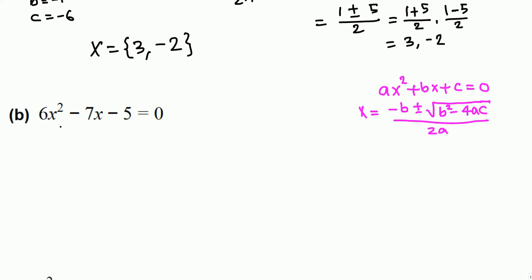As in the first, we have a equals 6, b equals negative 7, c equals negative 5.